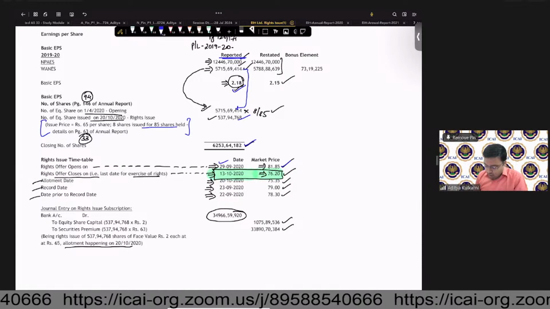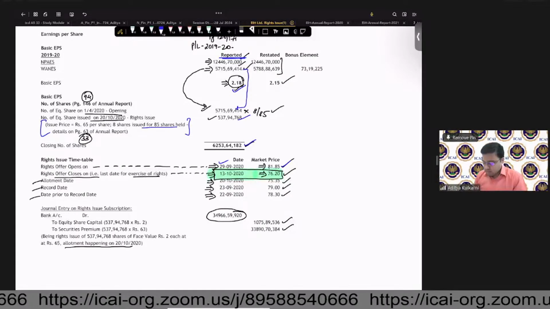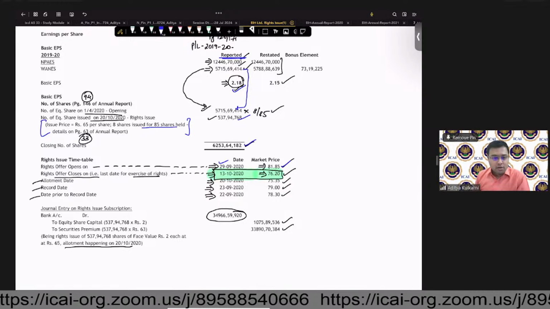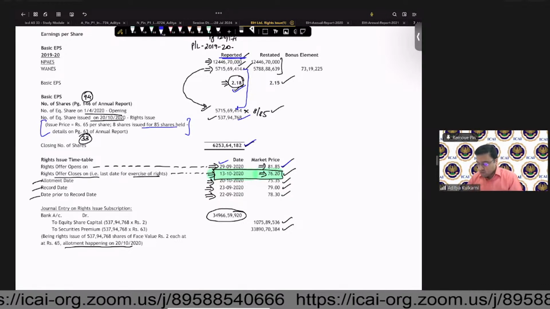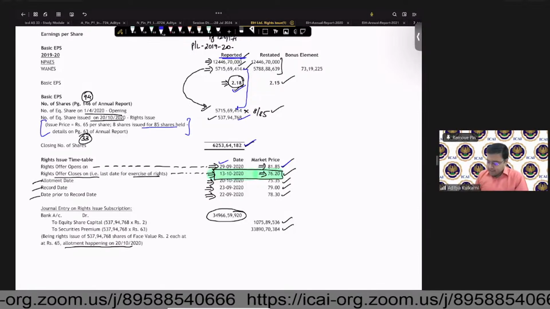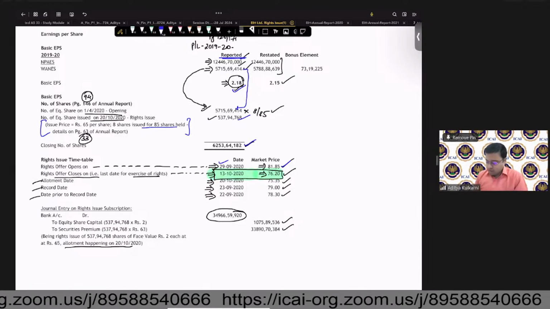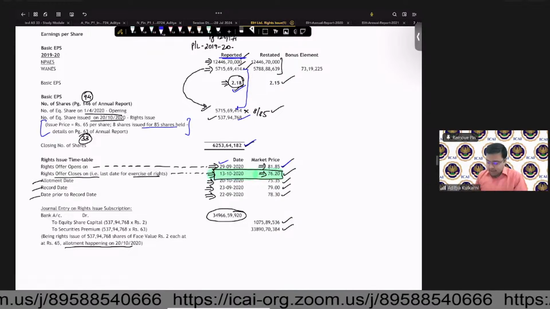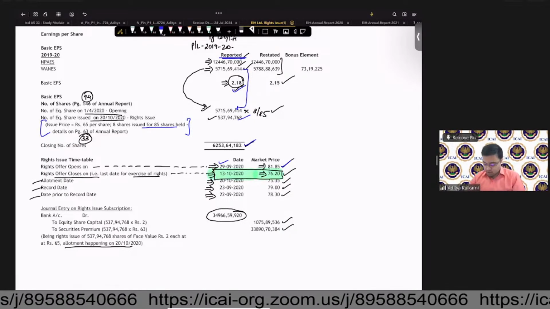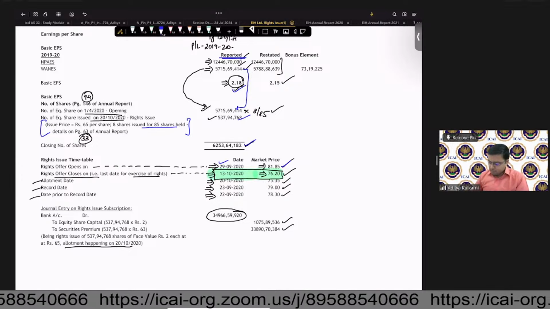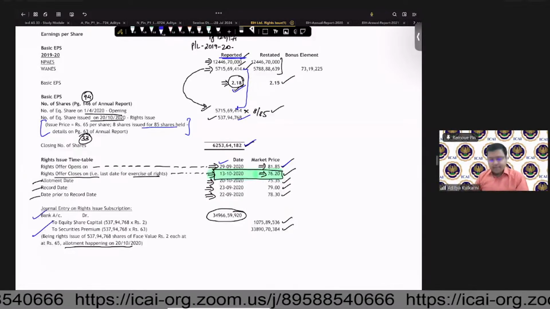The rights offer closed, that is the last date for exercise of rights, on 13th October 2020 when the price was 76.2. The allotment date of the rights issue was 20th October when the price was 75 point something. The record date and the date just prior to the record date.